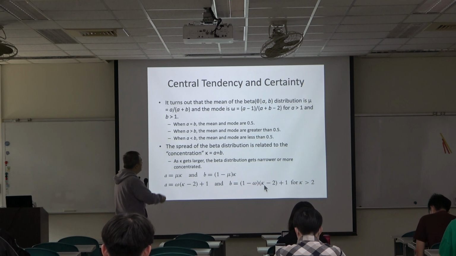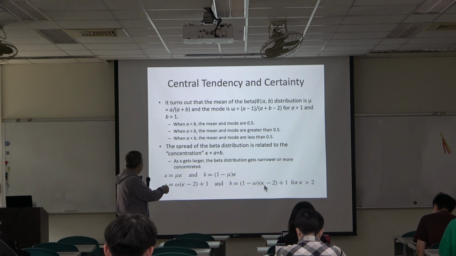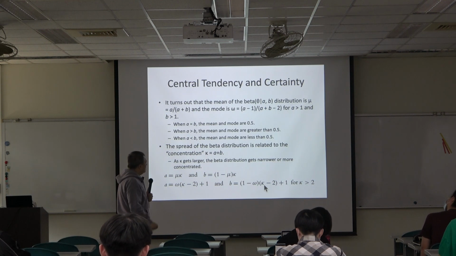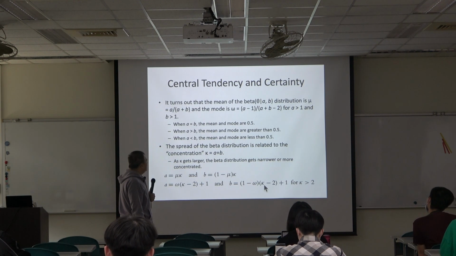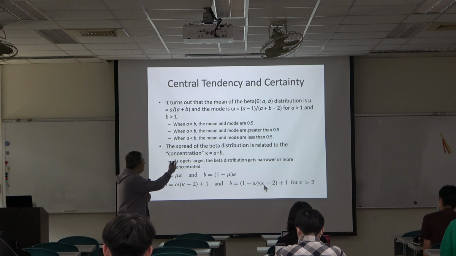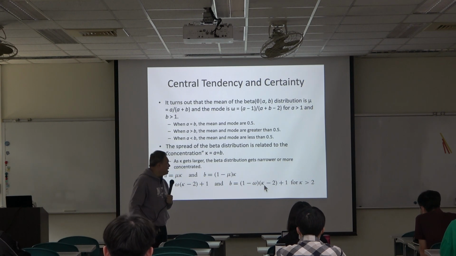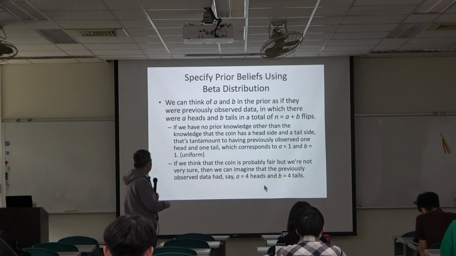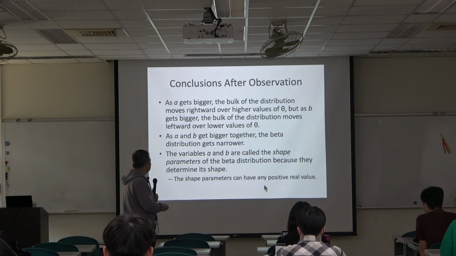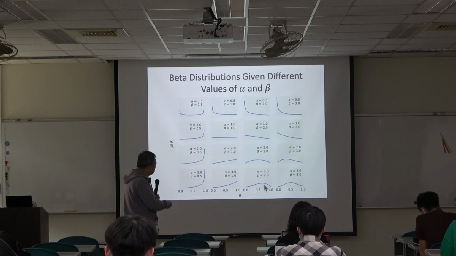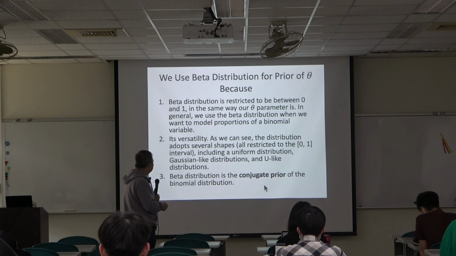You can calculate that easily. When A is greater than B, the mean and the mode are greater than 0.5. When A is smaller than B, the mean and the mode are less than 0.5. You can verify that easily by using the above equation, or by observing the figures here.